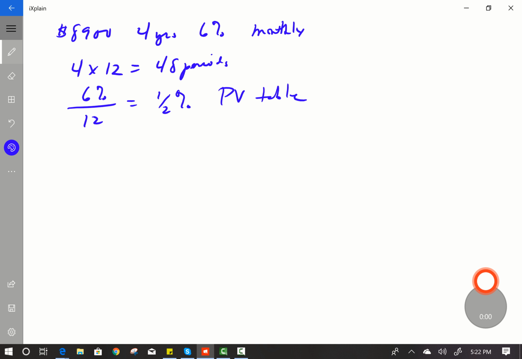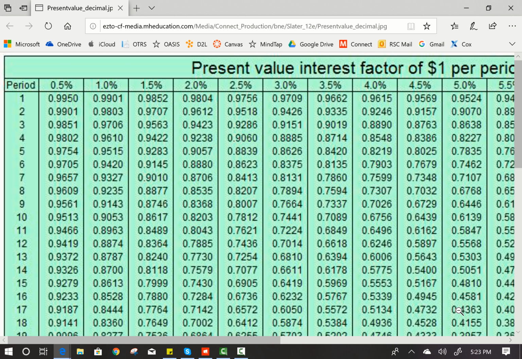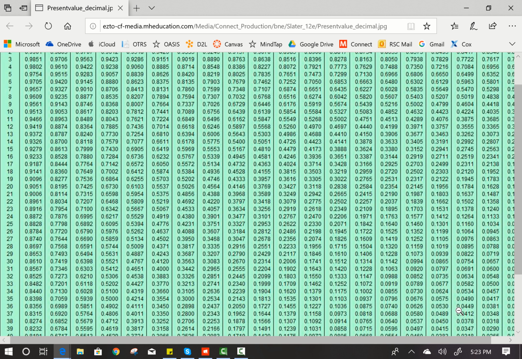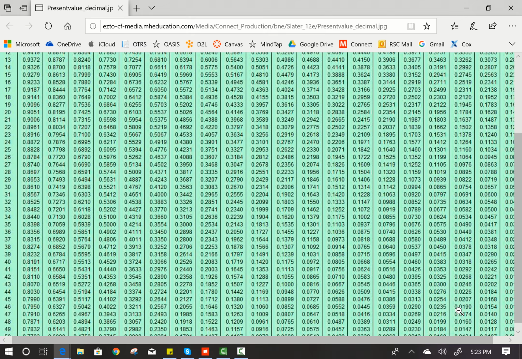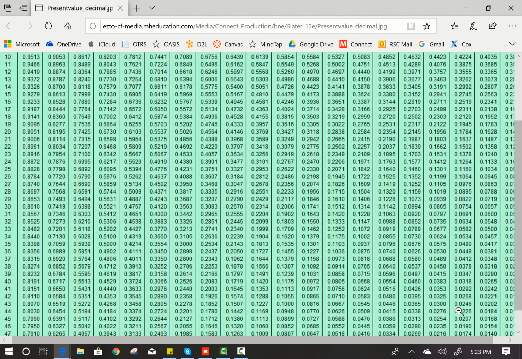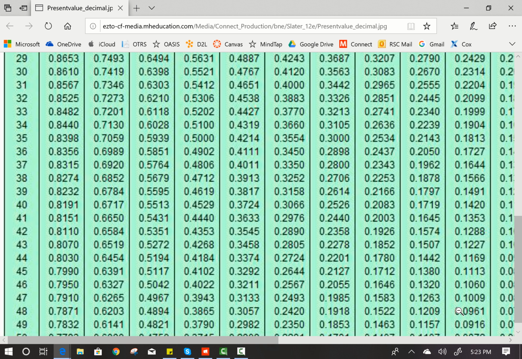And I'll take $8,900 times that corresponding factor of 48 periods and 1/2%. Okay, this is going to be harder to see. 48 periods, and is that first column 1/2%? It sure is. So it's only the first column, and it's 0.7871.